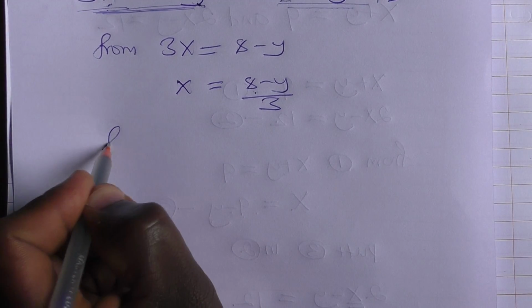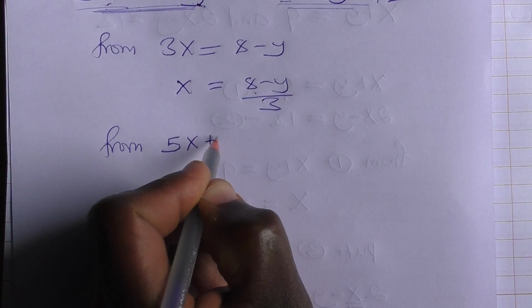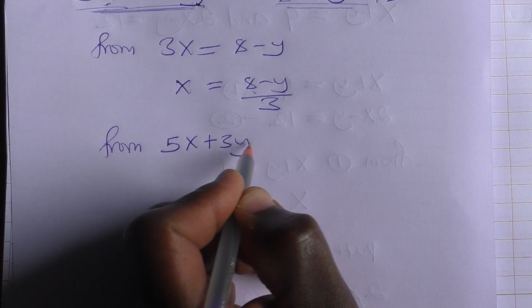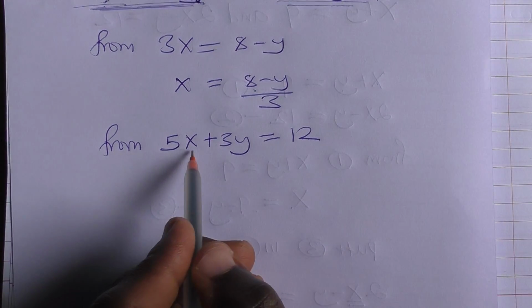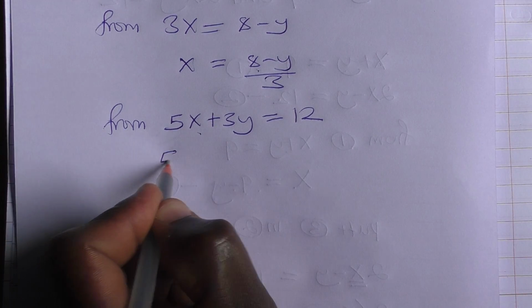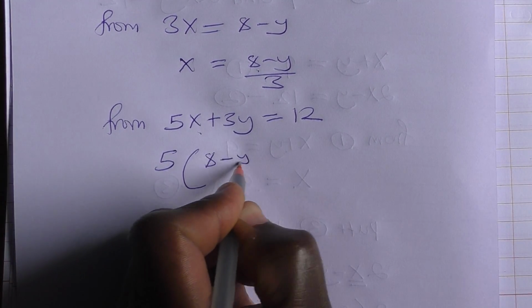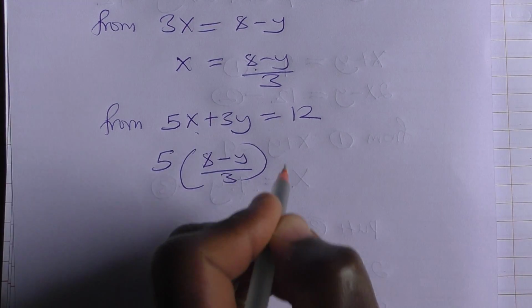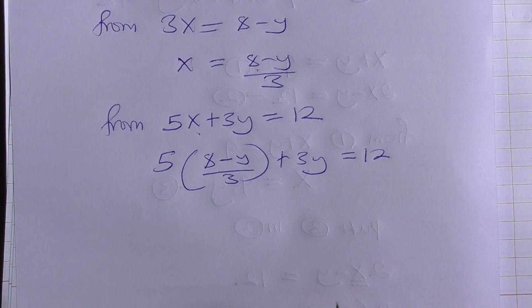Hence, from 5x plus 3y equaling 12, where I have x is where I will write, that is 5 into 8 minus y over 3, plus 3y equals 12.